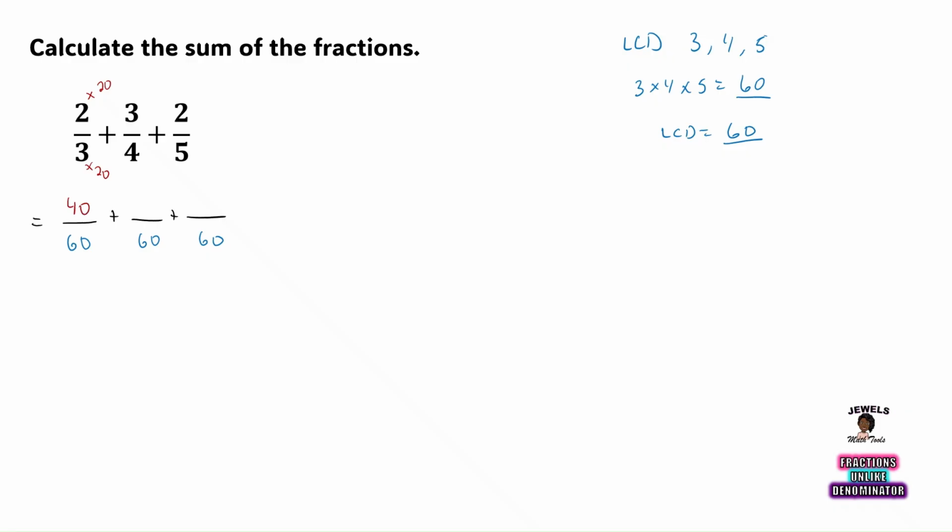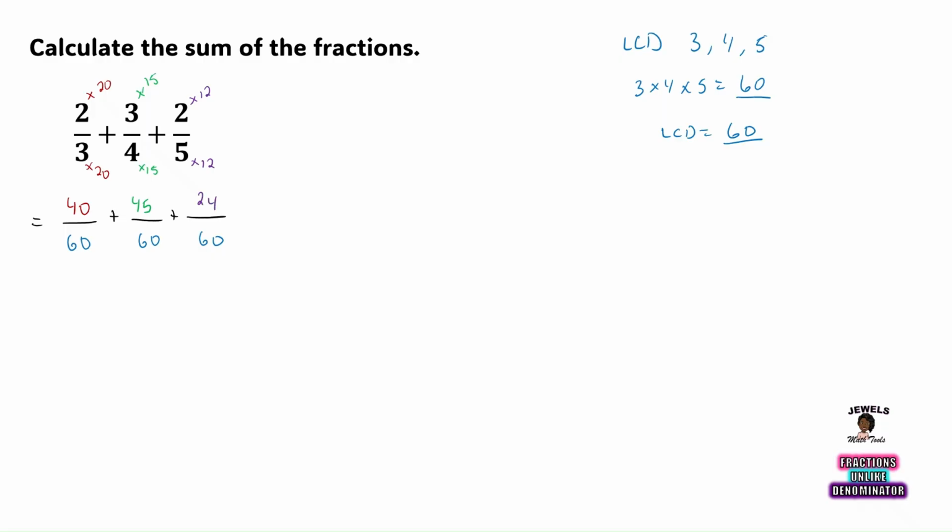Now let's repeat this step with our next fraction. 4 multiplied by 15 is equal to 60, so I will also multiply 3 times 15, which will equal 45. And for my final fraction, when 5 is multiplied by 12, I will get 60. So when I multiply 2 times 12, this will equal 24.